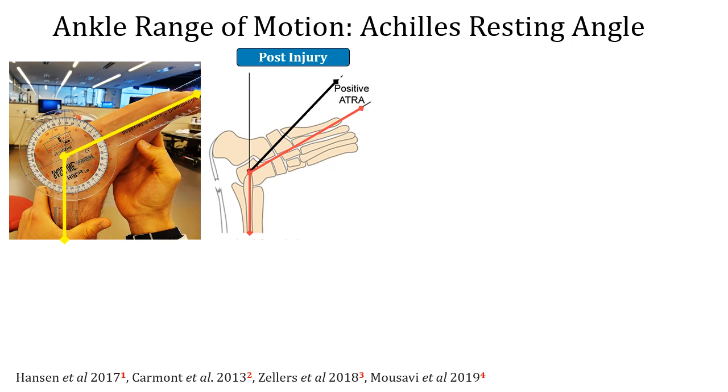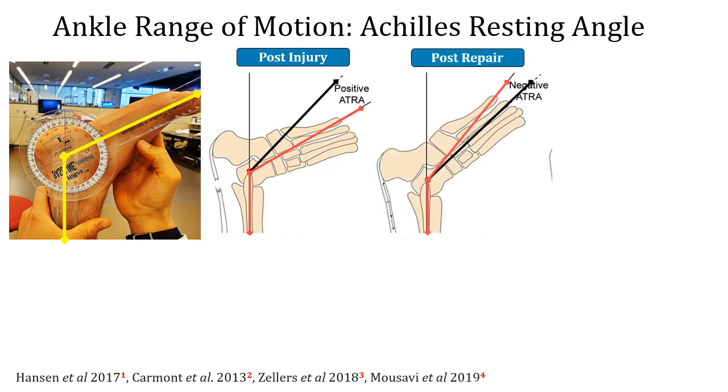And what you'll see is that a positive ATR is shown there post-injury, where the red line indicates where the foot exists, whereas the black line is where it natively sat. The post-repair, there's an additional stiffening, right? We gave the specific numerical values that on average it's around 37 degrees. That changes from that. Again, that's off of the absolute vertical.